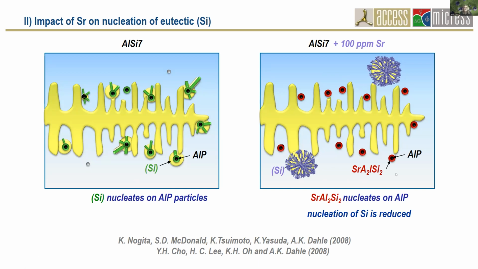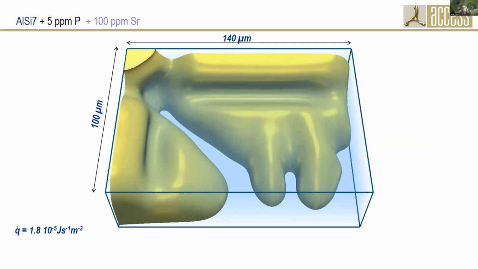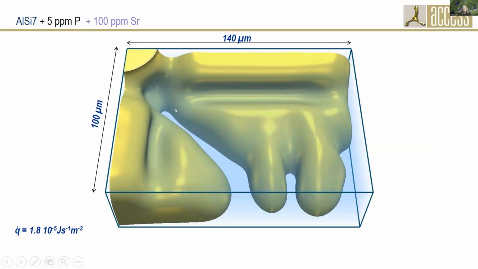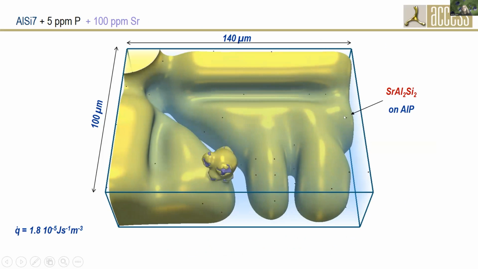Only if we had this in our simulation. So in this simulation we had taken into account that we had phosphor in it, sufficient phosphor that the aluminium phosphides would form everywhere. And we had also taken into account the strontium. Our project partners provided the new database with the strontium inside.